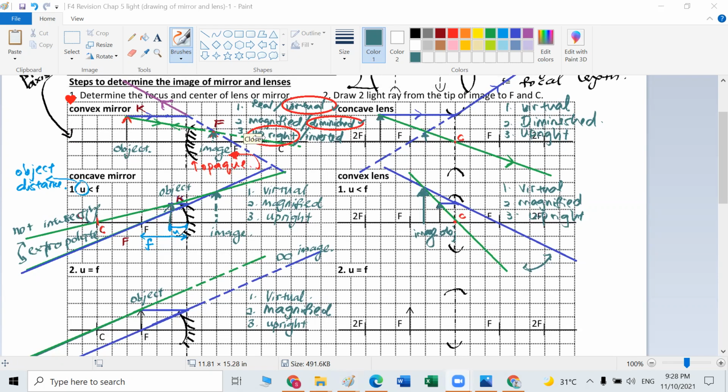So V is smaller than F, still smaller than F, but further. You can see here, this is I. This is U, and this is V, and this is F. We extrapolate the line, then you will see U, V, F.